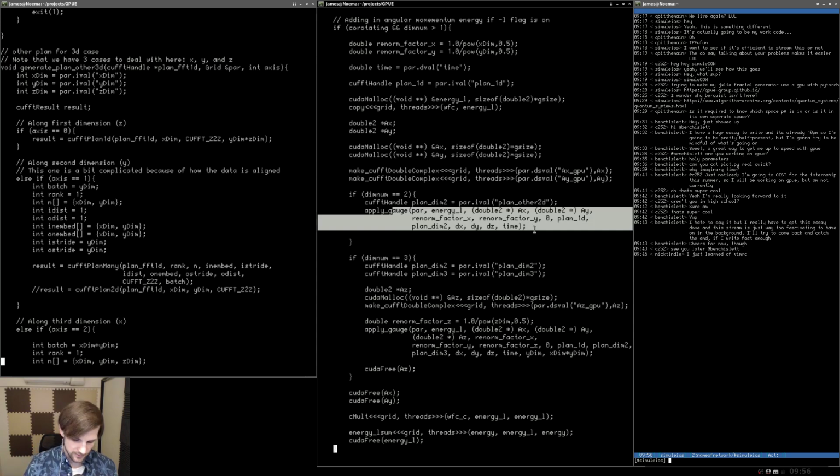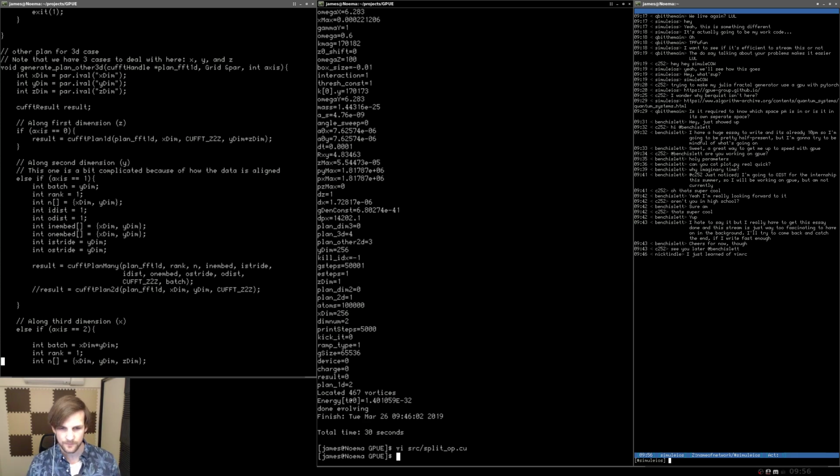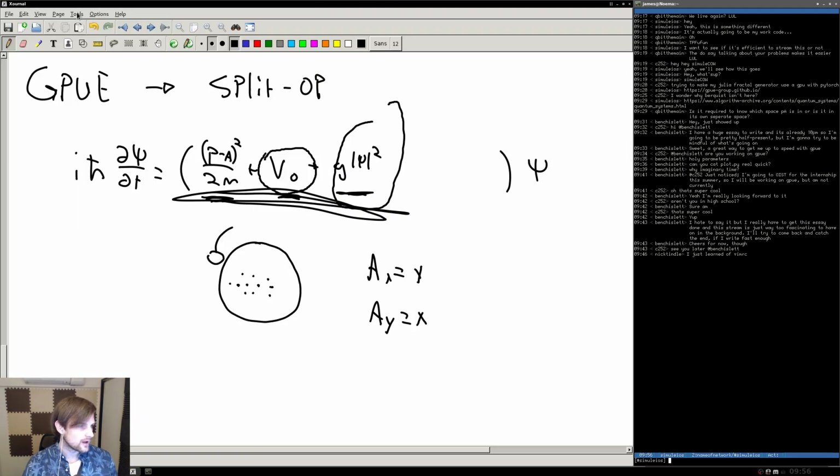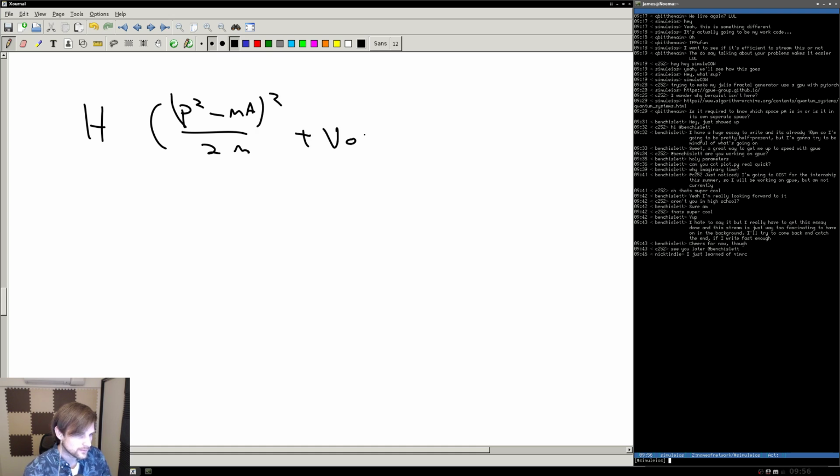So I'm going to very quickly create a few operators and stuff that we can use so that we can very quickly find the derivative of something, and then we can perform this computation as needed. Because in the end, all we need to do, here's our Hamiltonian. Our Hamiltonian is going to be p squared minus m a over 2m squared, plus V naught, plus g psi squared, times psi, right?